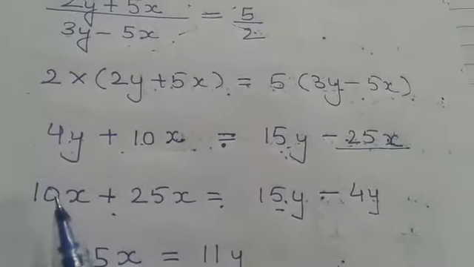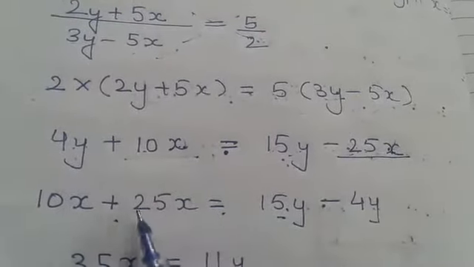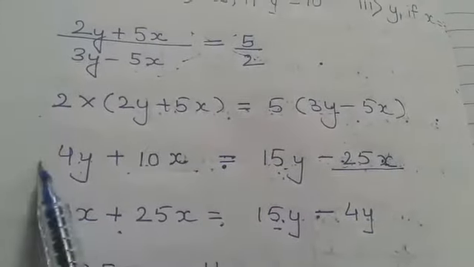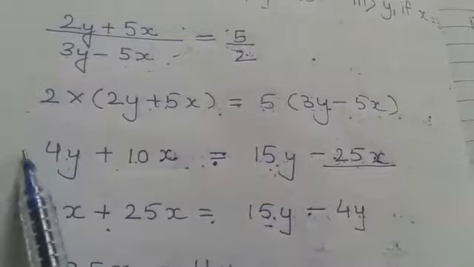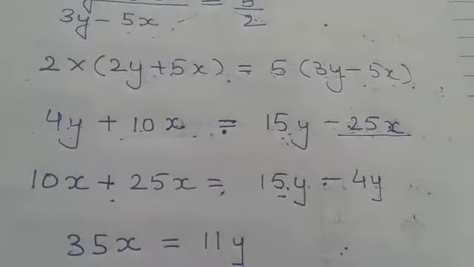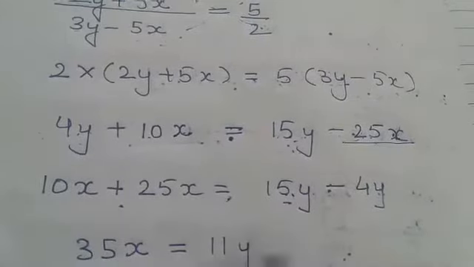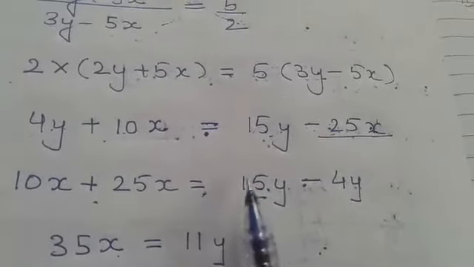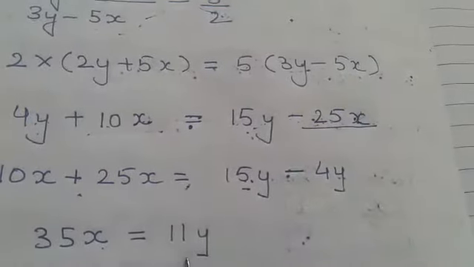So 10x plus 25x is equal to 15y, which was already on the RHS, and plus 4y became minus 4y. Since they are like terms, you can subtract or add. So 10 plus 25, 35x is equal to 15 minus 4, 11y.